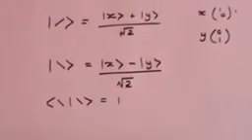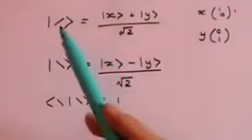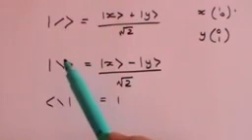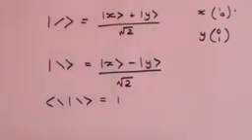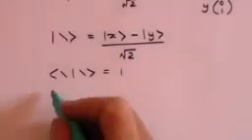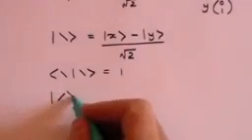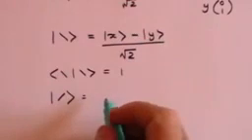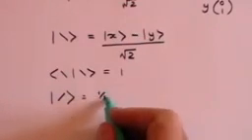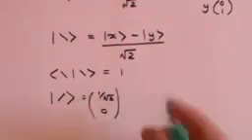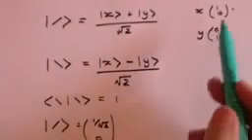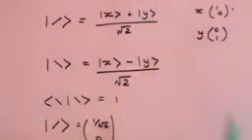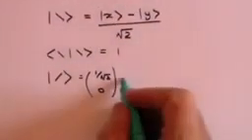So let's just calculate what the actual vectors are going to be in their column vector form. The forward slash is going to be x over root 2, which is 1 over root 2 and 0, and the y is going to be 0 and 1 over root 2.